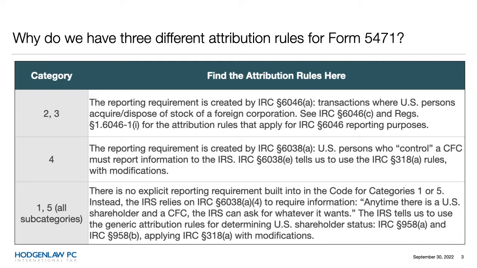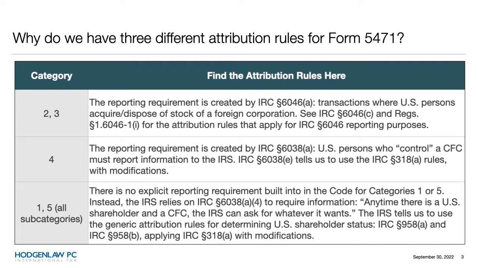Instead, in 6038A4, there's a generic thing that Congress often does. It says, hey, Treasury and IRS, if you need to ask for information from a taxpayer in order to make the whole system work, go for it. So that go for it authority is why we have categories 1 and 5.